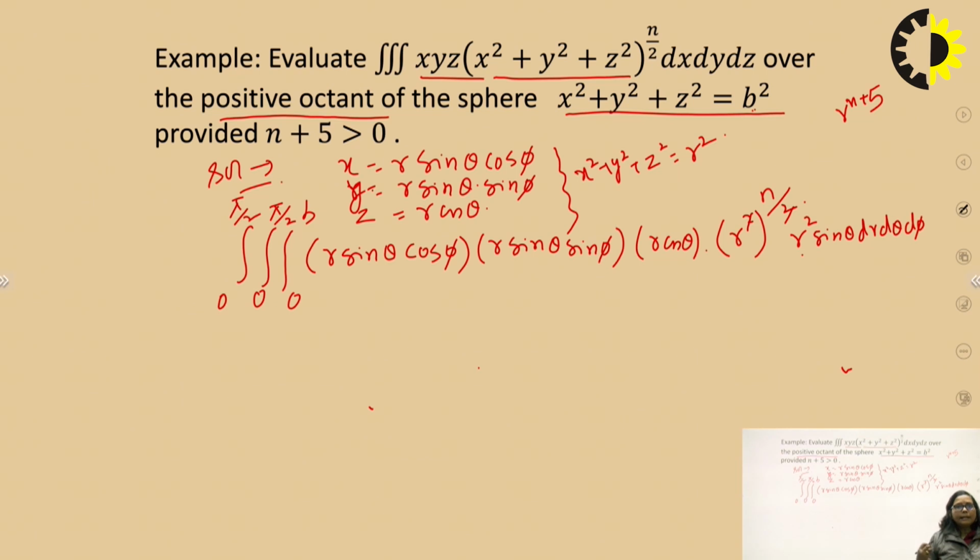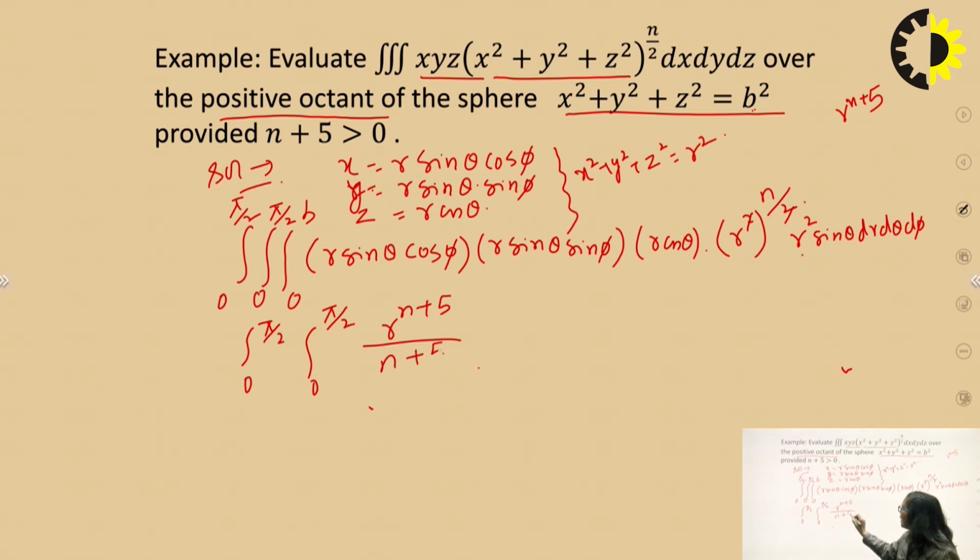If I integrate this r to the power n plus 5 with respect to r first, what do I get? I get, for 0 to pi by 2, 0 to pi by 2, the integration of this becomes r to the power n plus 5 upon n plus 5 from the limits 0 to b. And I can combine the other trigonometric functions also.